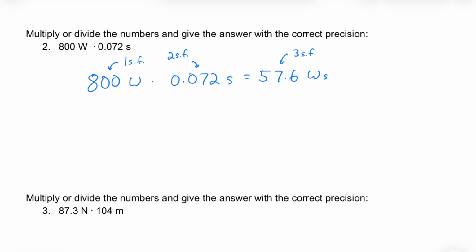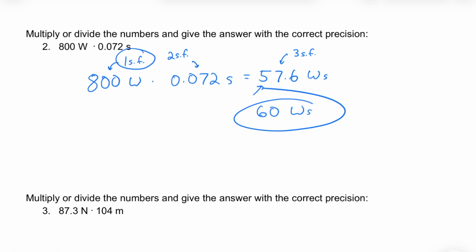So we want to limit ourselves to the precision of the least precise of the measurements we were using in our calculation, which means we want to limit ourselves to only one sig fig. And so we'll have to take our highest place value and round to that, to the tens place. And so 57.6 will round up to 60 watt seconds. So if we multiplied 800 watts times 0.072 seconds, and we were attending to significant figures, our rounded answer would be 60 watt seconds.